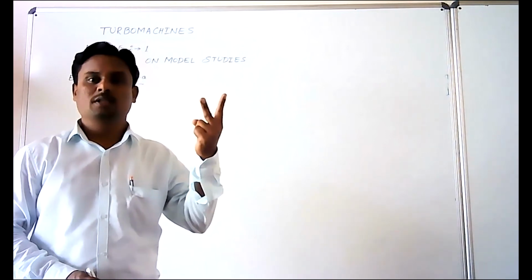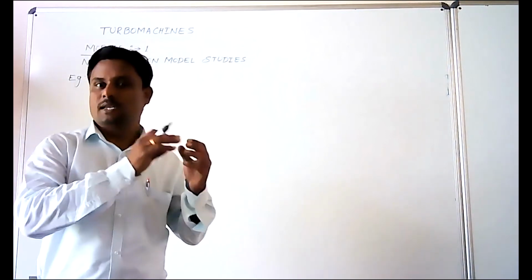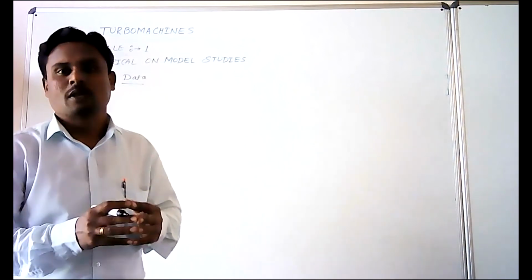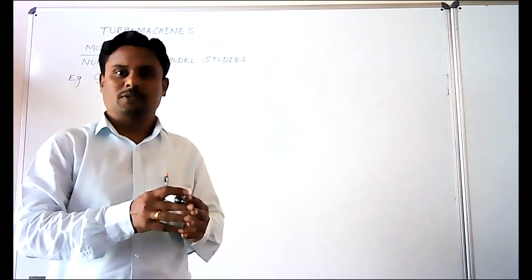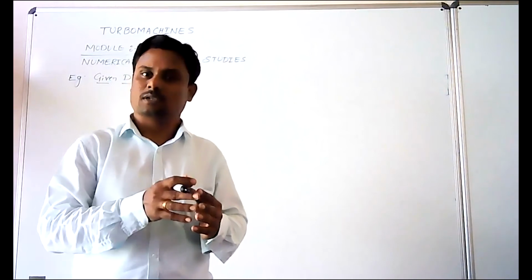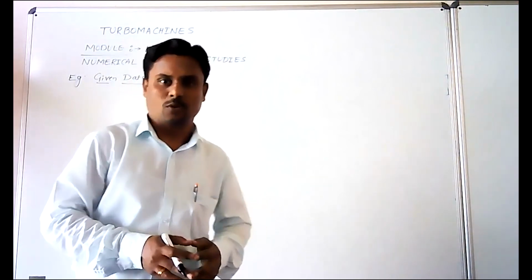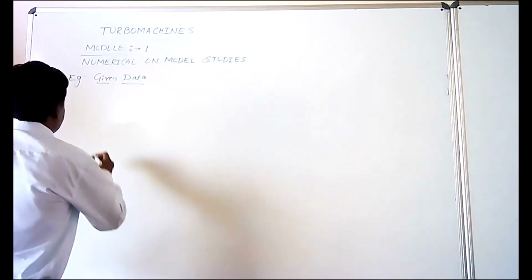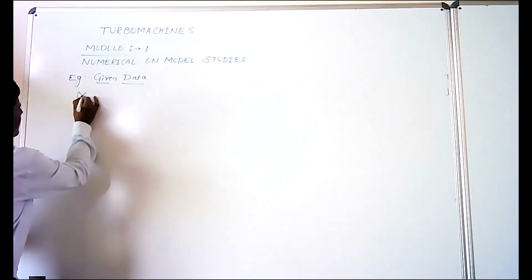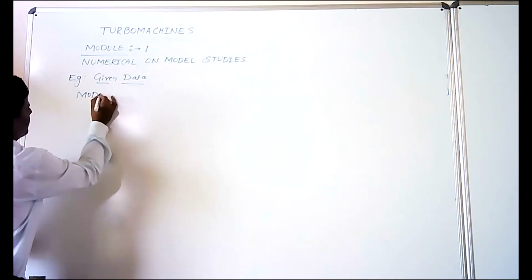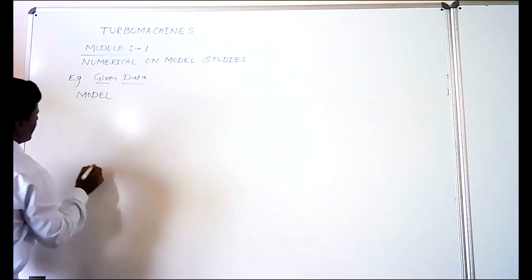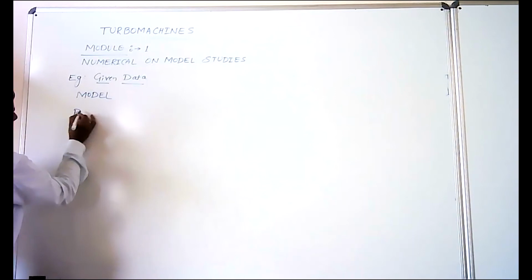The first one is the model, the second one is the prototype, because the question clearly mentions the prototype. If the second is the prototype, then definitely the first type is the model. So let us write down model and prototype.